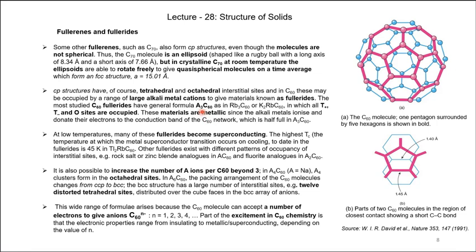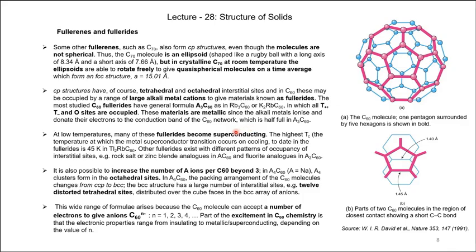And you can see that A3 fits in the tetrahedral and octahedral sites of the C60 packing, and this A could be, as I said, alkali metals, rubidium, potassium, in which T plus and T minus, that means tetrahedral and octahedral sites, are occupied. The materials are metallic. Mind it, these materials are metallic, and the alkali metal ions donate their electrons to the conduction band of the C60 network.